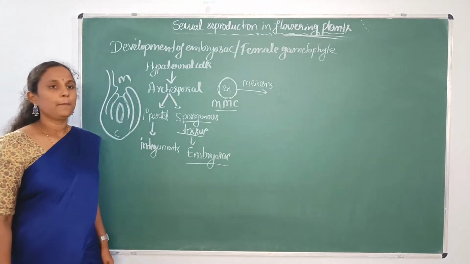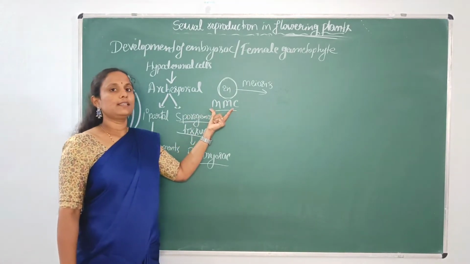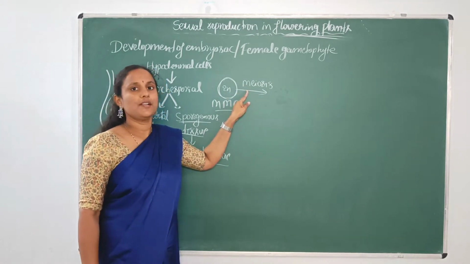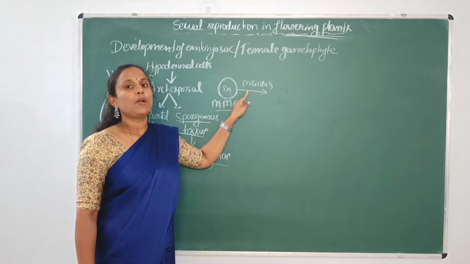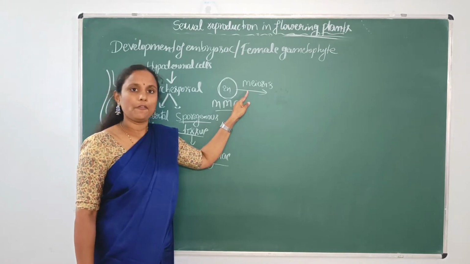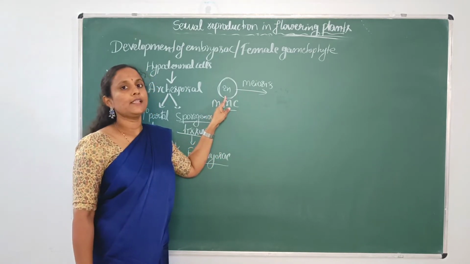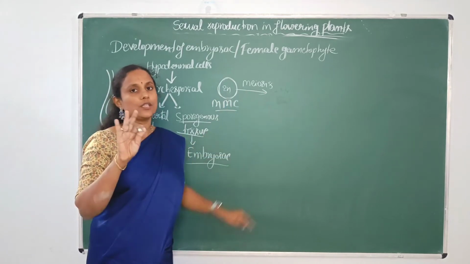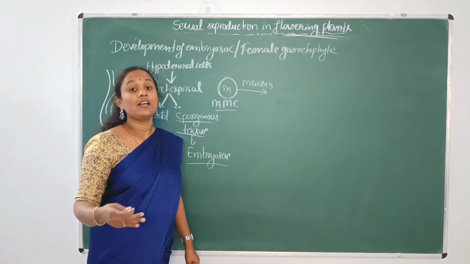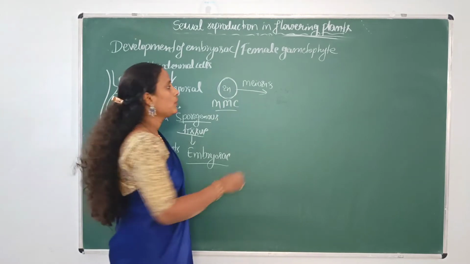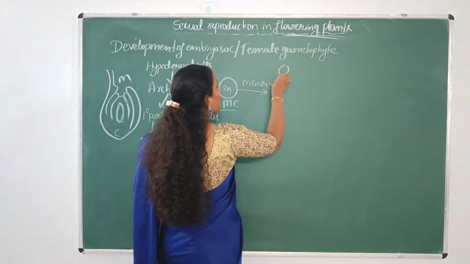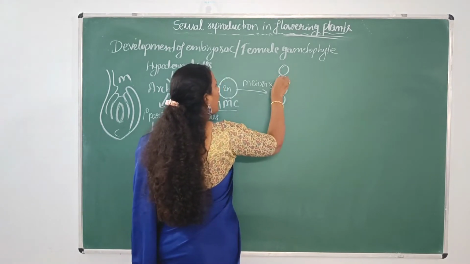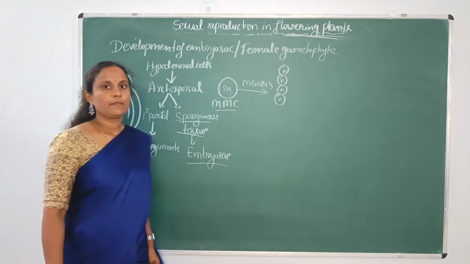When this megaspore mother cell undergoes meiosis, we know that meiosis is a reductional cell division where the number of chromosomes reduces to half. Here the ploidy is 2n. When it undergoes meiotic cell division, it produces 4 daughter cells which are haploid, so reduction in the number of chromosomes takes place. As a result, 4 haploid cells are formed.